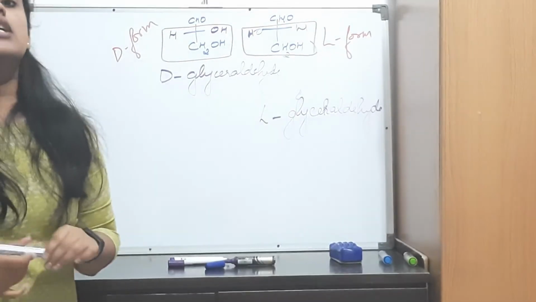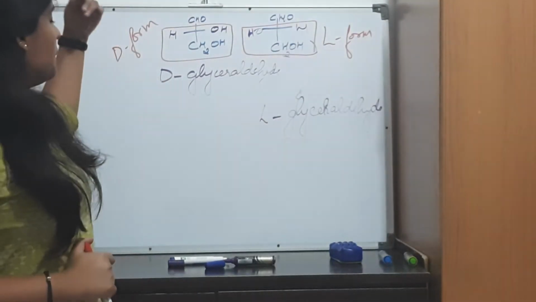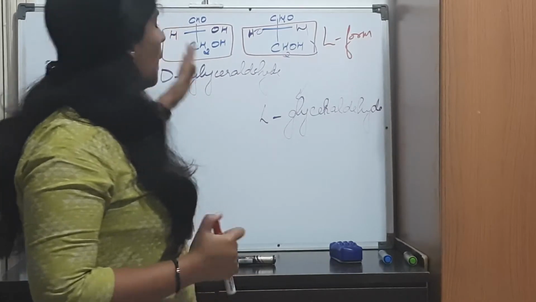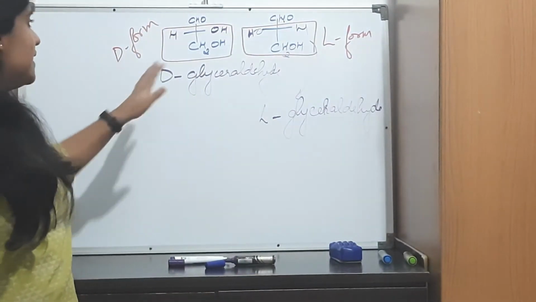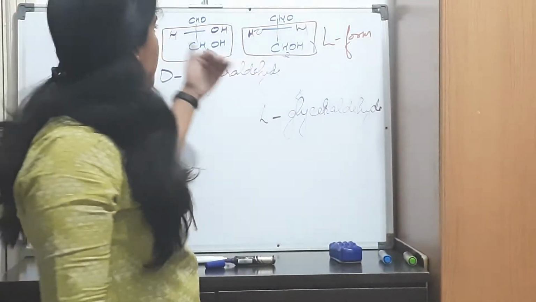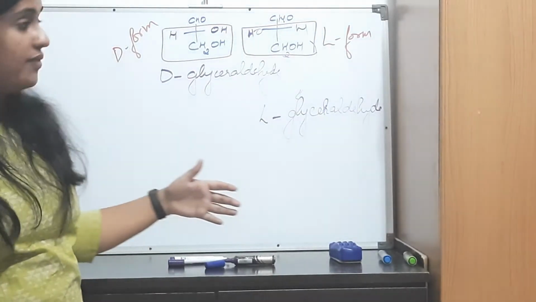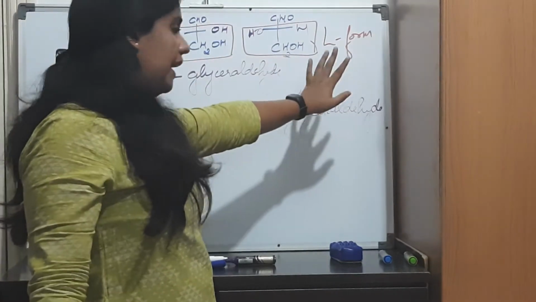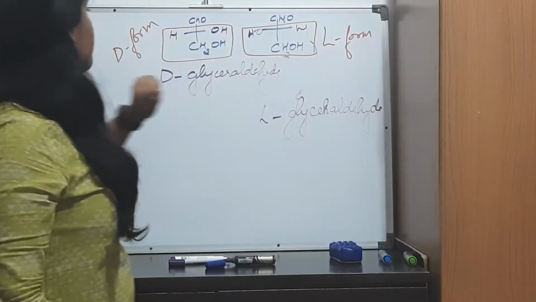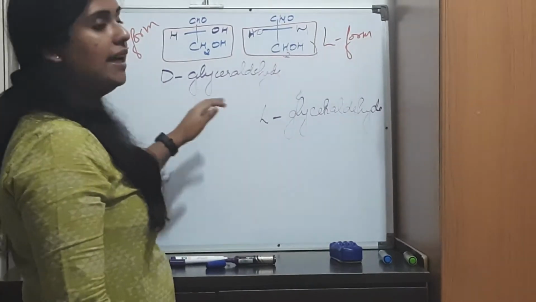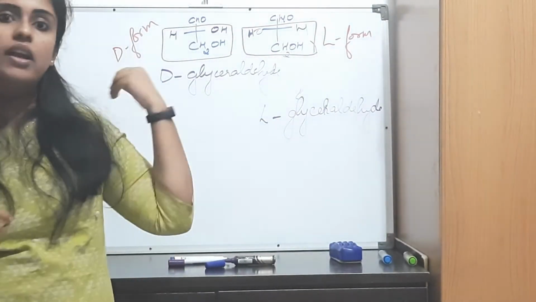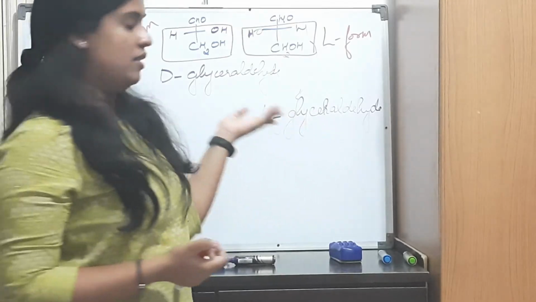Clear? So for further upcoming configurations, let's consider D-glyceraldehyde and move on to all other various forms. Let's keep L-glyceraldehyde aside. Okay. So we'll go with this D-glyceraldehyde and write the configuration for other carbohydrates.